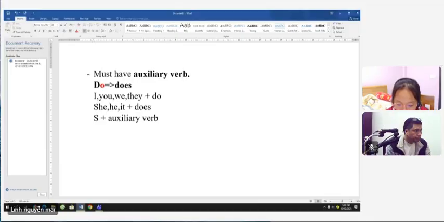Next one is not, and then the main verb, an object or something, okay?